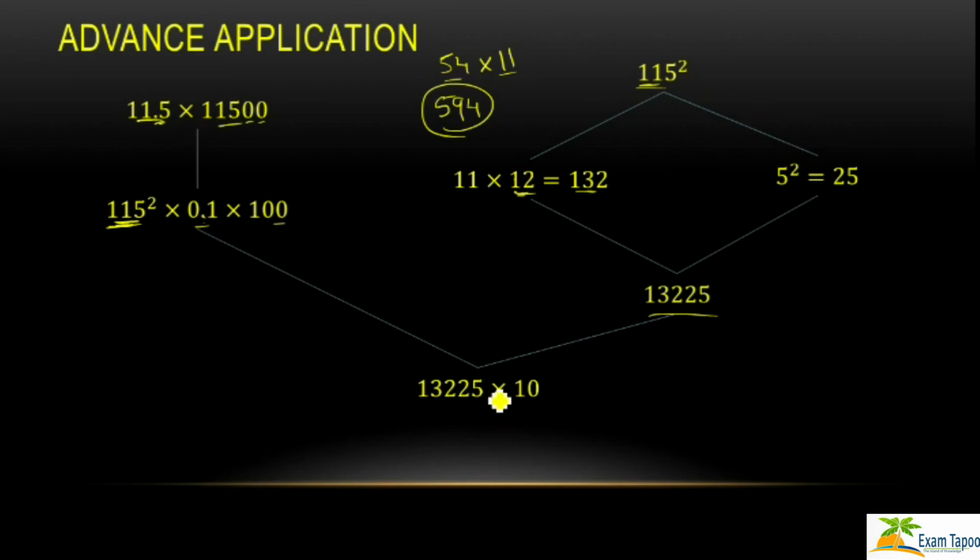So the result is simply I will put a 0 after 5, and it will become 132,250. So the product of 11.5 and 11,500 is basically 132,250. This is our result. So in this way we can calculate these calculations easily.